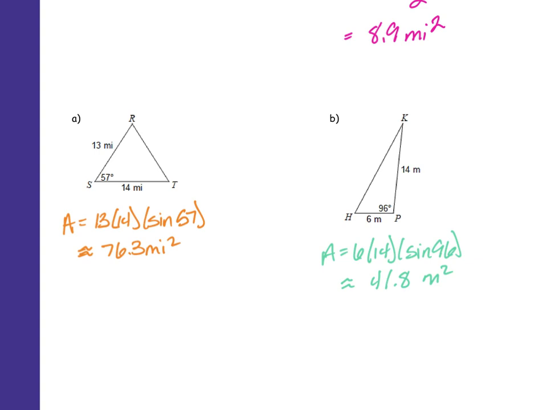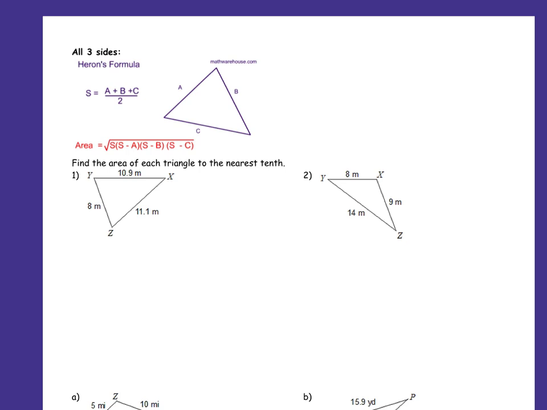Okay. It's a little bit more difficult if I only know the sides. So if I only know the sides and I don't know the height, we can use what's called Heron's formula. Basically it's the square root of S times S minus A times S minus B times S minus C, where S is A plus B plus C divided by 2.